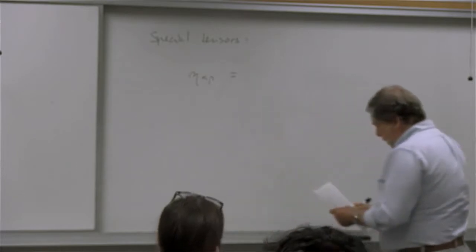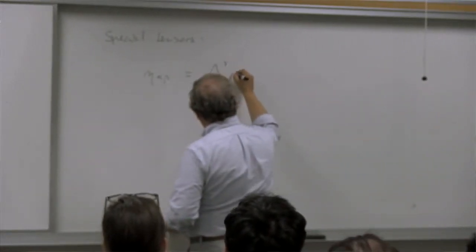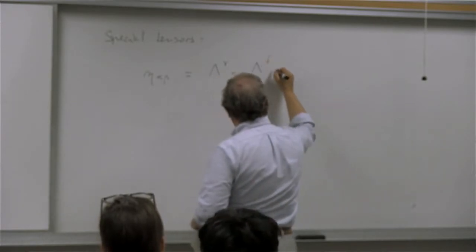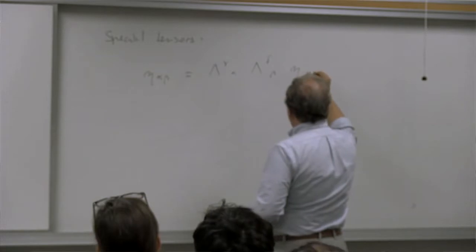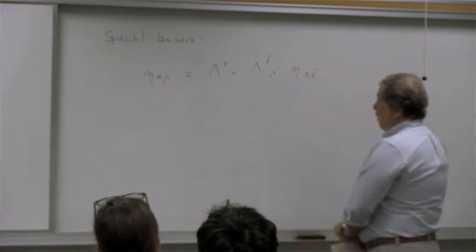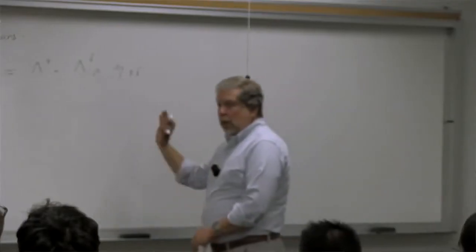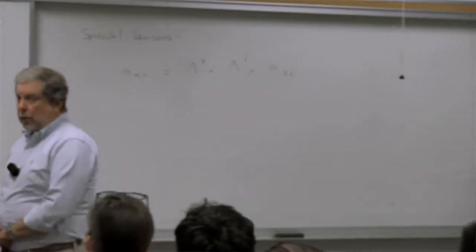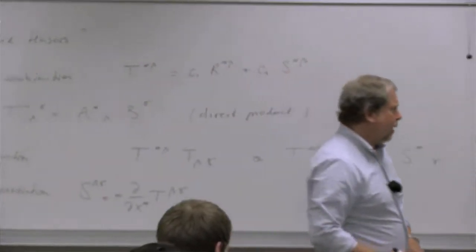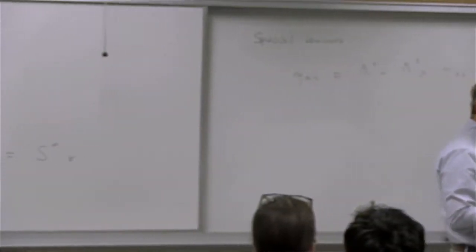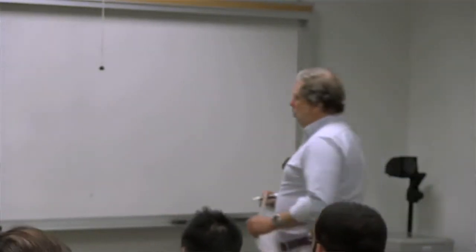Now you remember that this has the property that lambda gamma alpha, lambda delta beta times eta gamma delta, that this relationship is true. We saw that in the second lecture. This was kind of the statement that the lambdas are orthogonal transformations if we were in Euclidean space, that lambda times lambda transpose is equal to 1. So this is the corresponding statement for a Lorentz transformation.